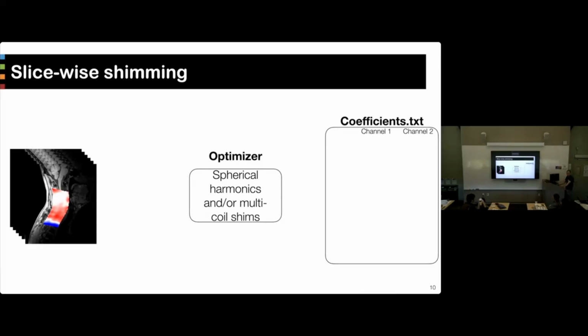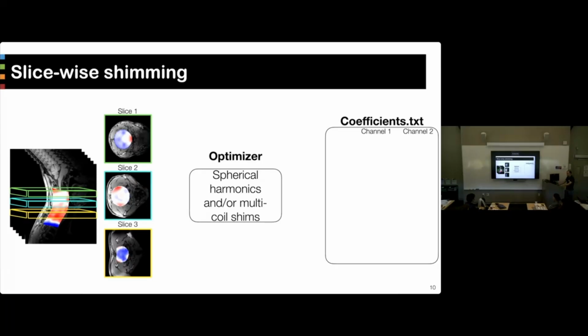A next approach that we could use is what we call slice-wise shimming. This is relevant for 2D acquisitions. The idea is that you compute a set of shim coefficients for each slice that you're acquiring. Since you have a smaller region that you're trying to shim at once, you expect that every slice is going to have a better shim.